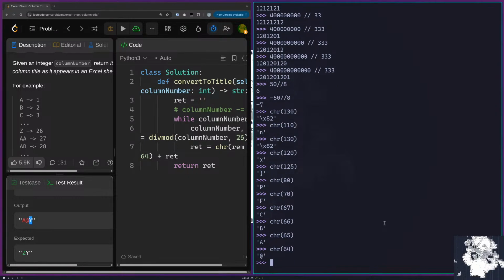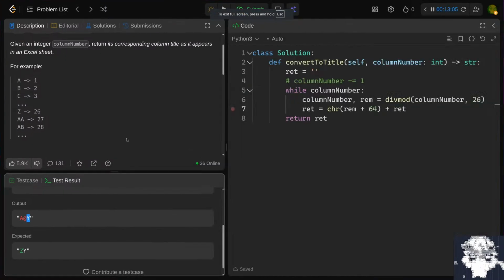Is that a 64? Yeah. So how did we end up with 64 with the 0 here, and then a 1 in the next thing.